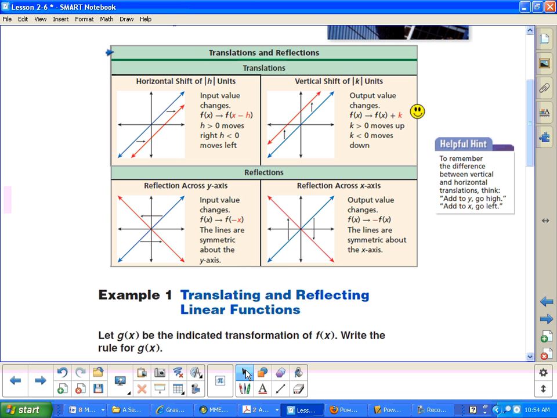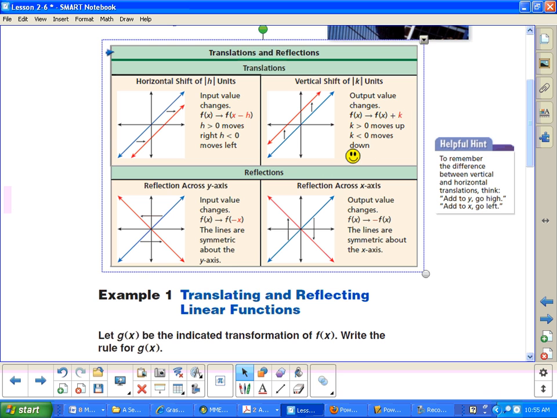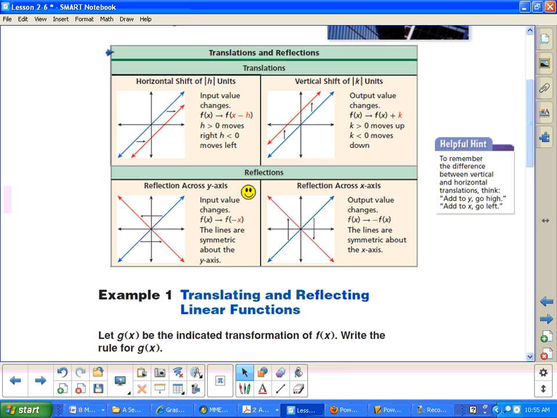Then we have reflections. A horizontal reflection will be across the y-axis. In that case, the x values all change signs. That's why it says f of negative x, because all the x values are going to change signs. All the positives are going to become negatives, and negative x's become positive.